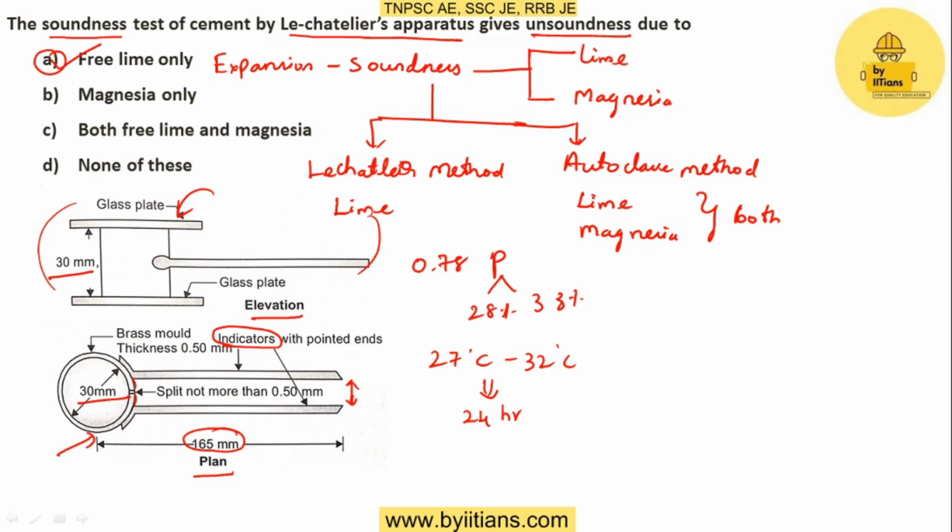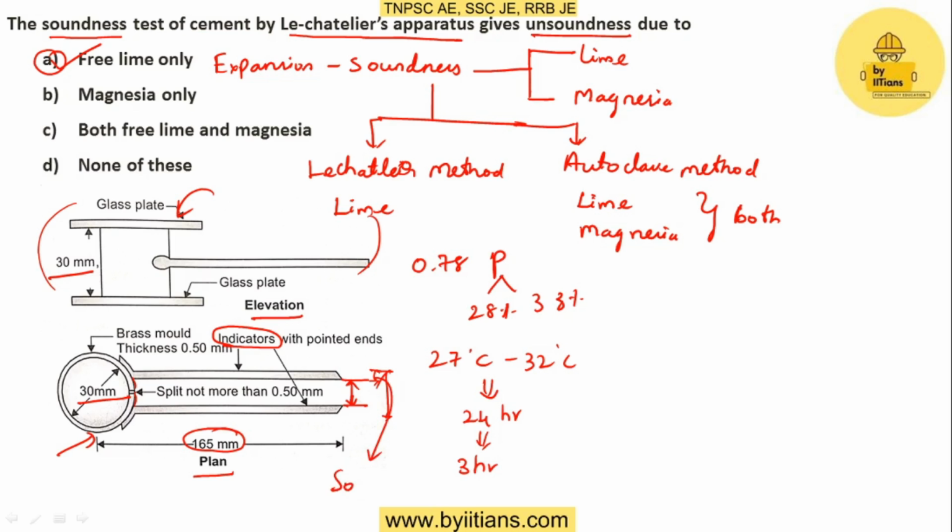After 24 hours we measure this initial distance, and it will have expanded to some point from the initial. We have to measure and record that. Then we have to boil this apparatus in water for 3 hours. Then we take the instrument out and again measure this distance. It will be expanded more. In this picture I cannot show exactly the expansion. Anyways, the difference of this expansion will be the soundness.